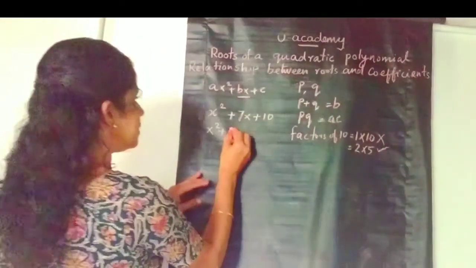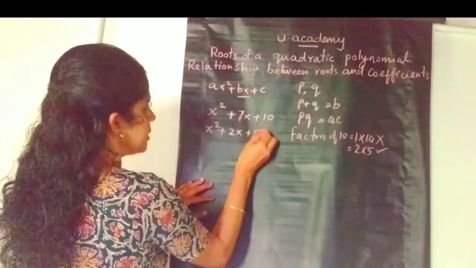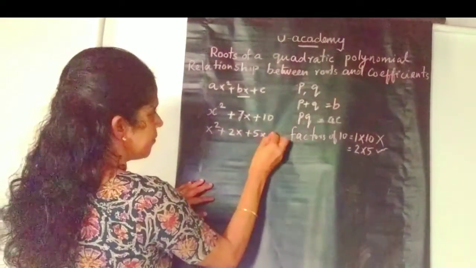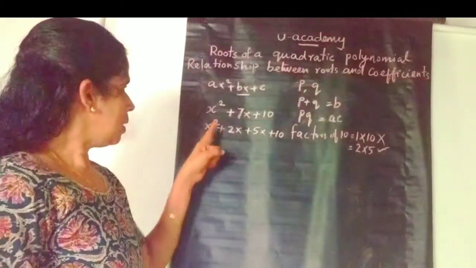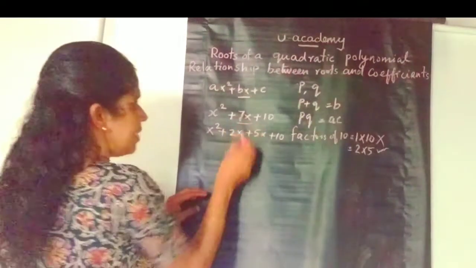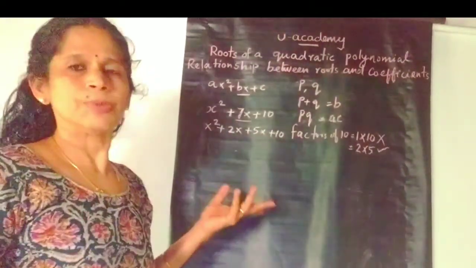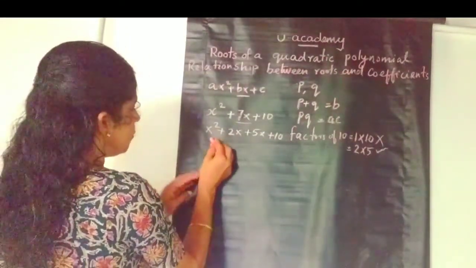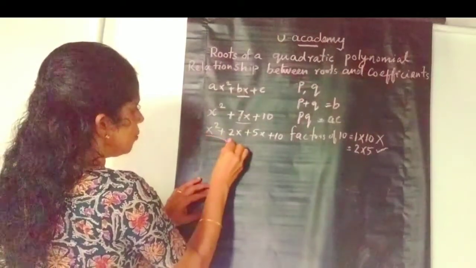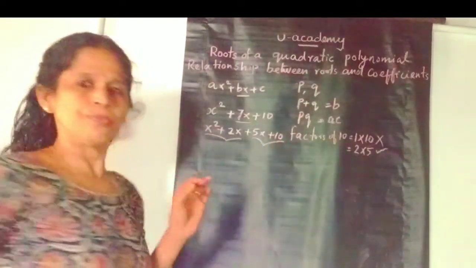So we are going to write as 2x plus 5x and this 10 plus 10. So this 7x we have split it into two terms, that is 2x plus 5x. 2x plus 5x how much? 7x.